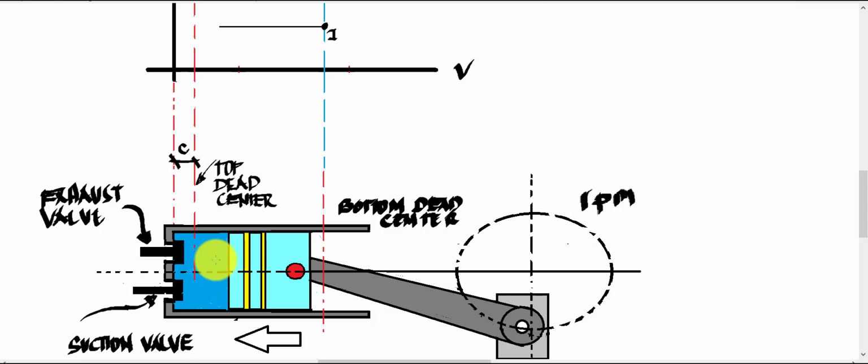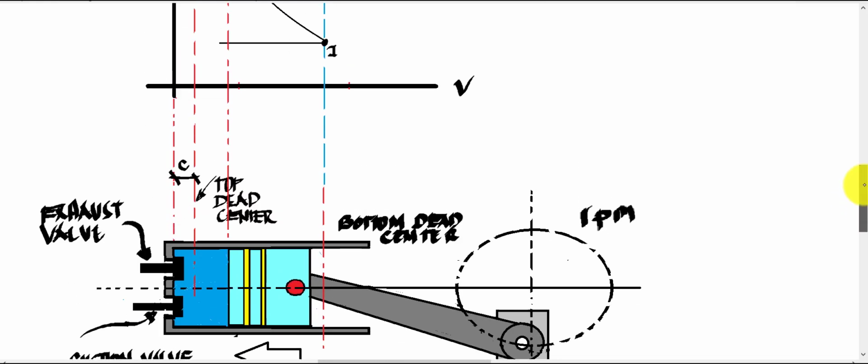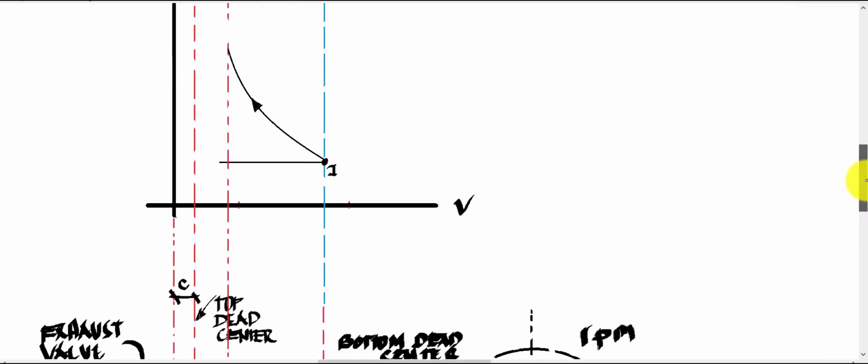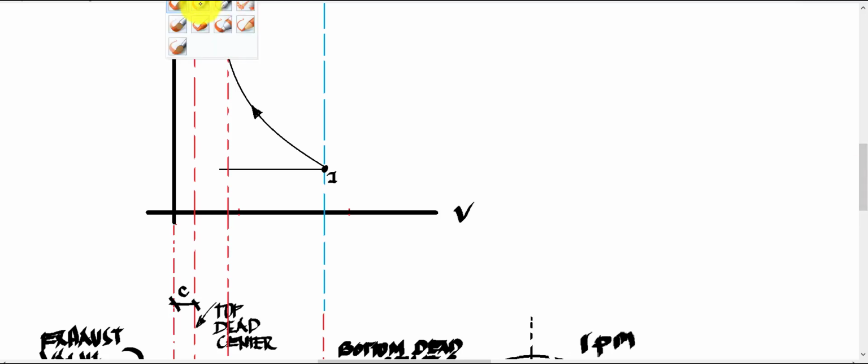So that is PV^n equals C. Now, plotting that one in our PV diagram, starting from point 1, bottom dead center, to the compression state, we have here your PV^n equals constant, which is now your polytropic.